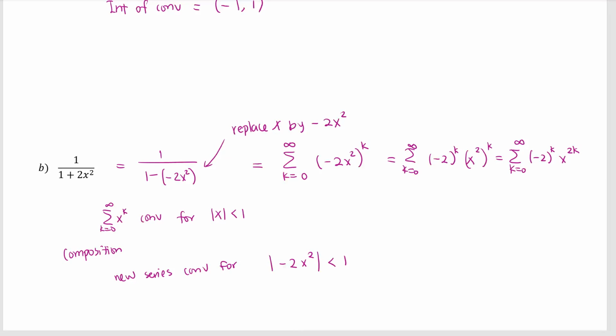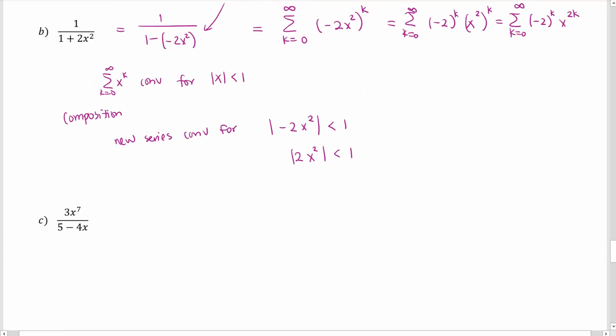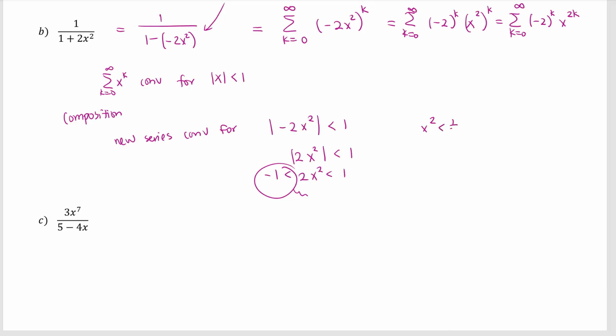Okay, wow, what is that? Oh, negative cancel out, so we have 2x squared less than 1. Okay, so that's the same as saying 2x squared between 1 and -1. Oh, this guy is always true because 2x squared is always positive. So that's why we just look at this guy. Okay, so we have x squared less than 1/2.